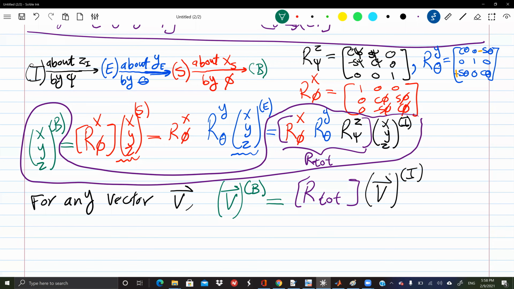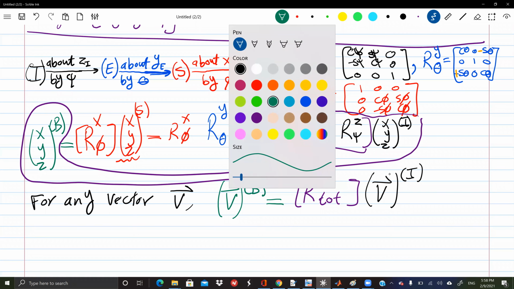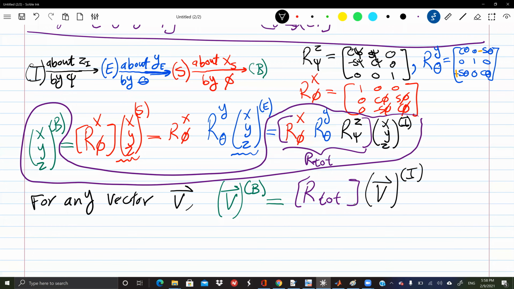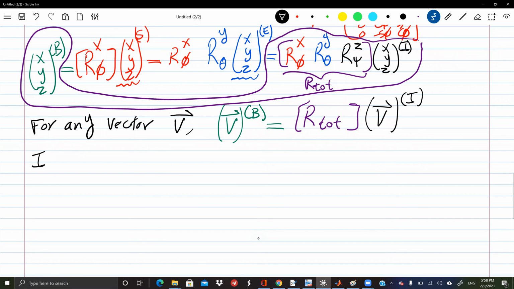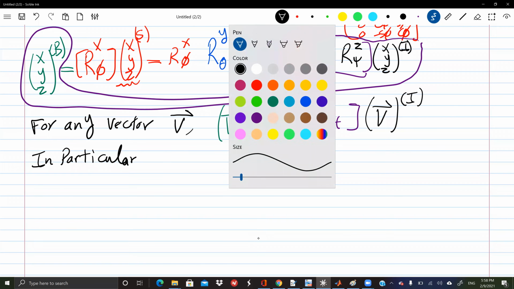In particular, there was one vector waiting for us. We did all this for it in this course. There was one vector whose components we really know in the inertial frame and wanted its components in the body frame. And we did all this to get here. That vector was the gravity force, right?